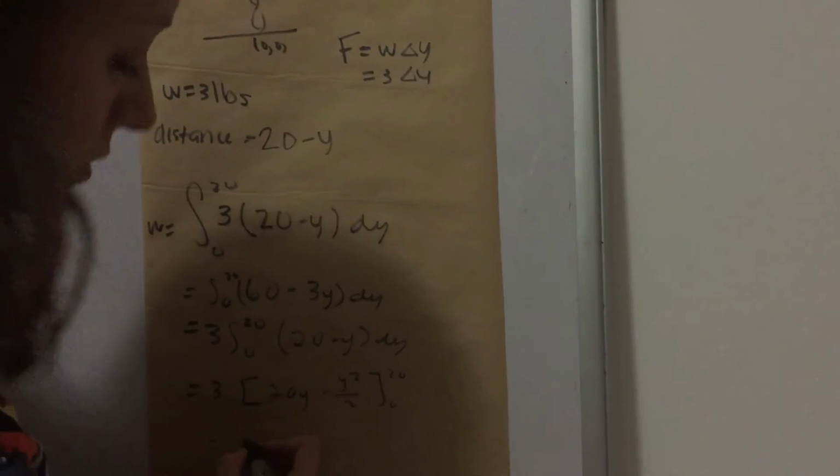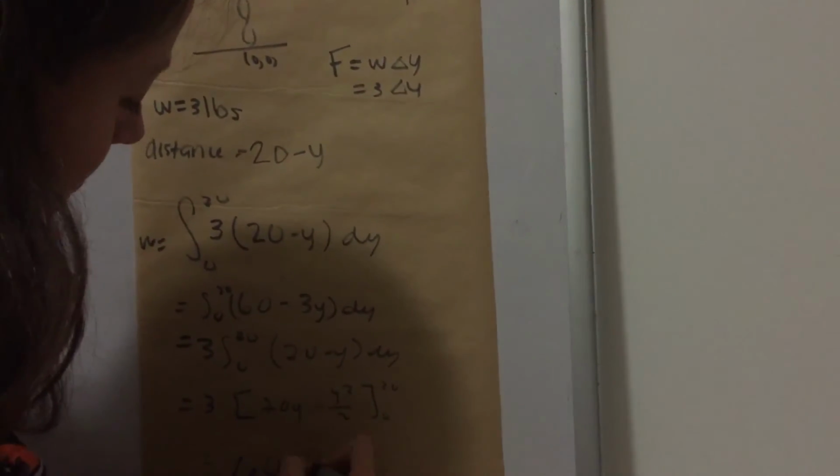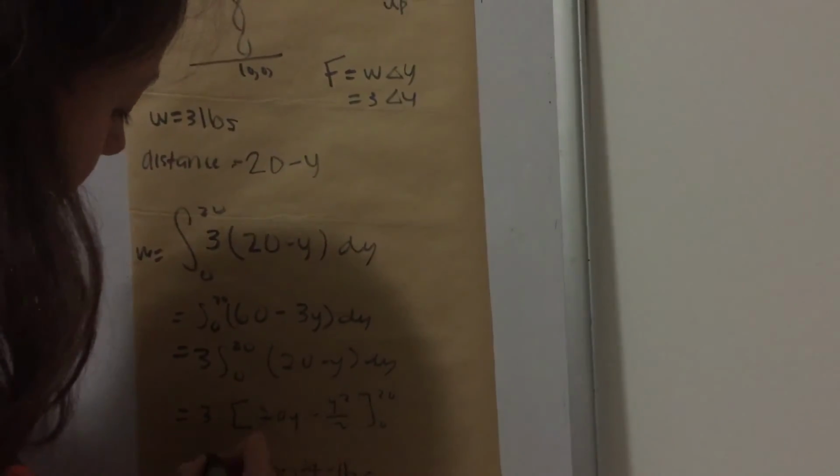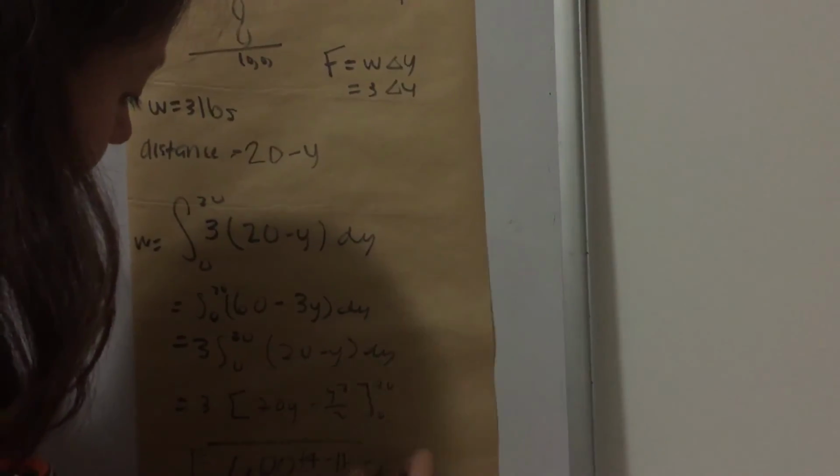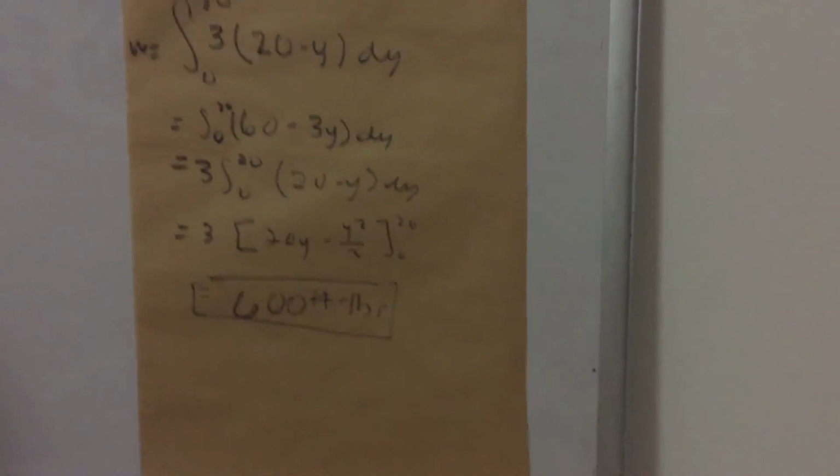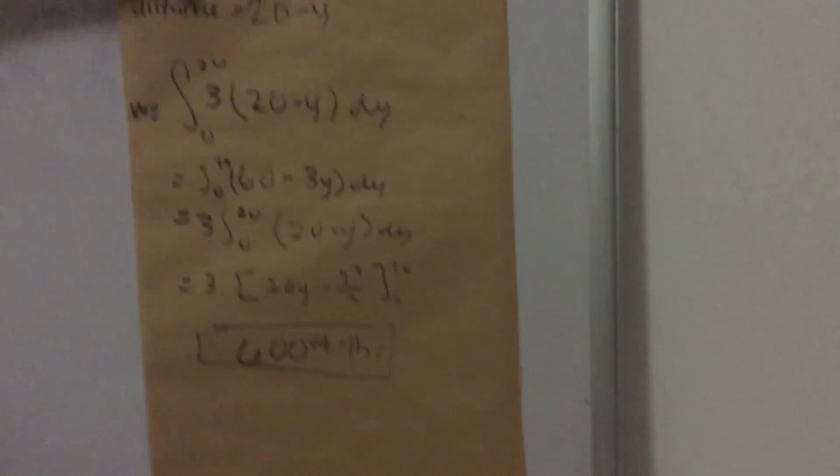And that equals, in turn, 600 foot pounds. And that is the final answer. So that's example 2 with the chain. I'm sorry about this. Just lift the chain all the way up. And so that is how you do work.